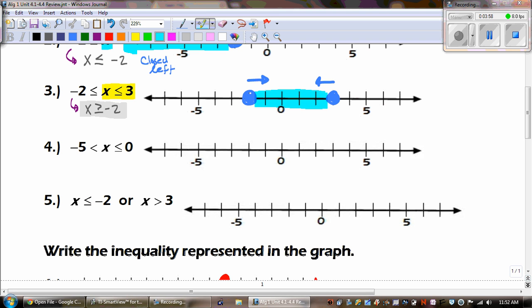All right, number 4. Number 4 is kind of the same way. We have our first one right there. X is less than or equal to 0. And we have this one that we're going to need to rewrite. The x comes first, then the -5. And the inequality is pointing at -5, so I'm going to make sure it stays pointing at -5.